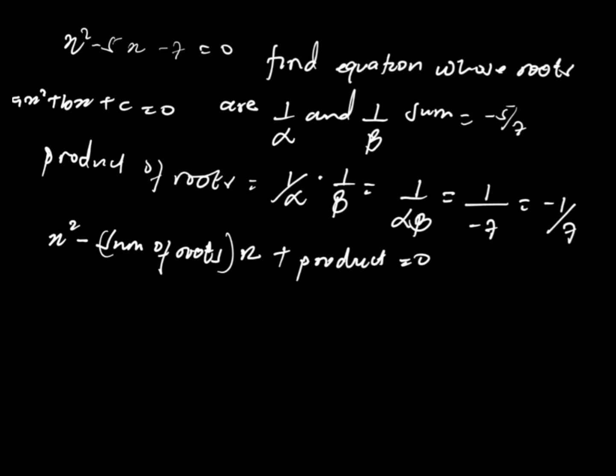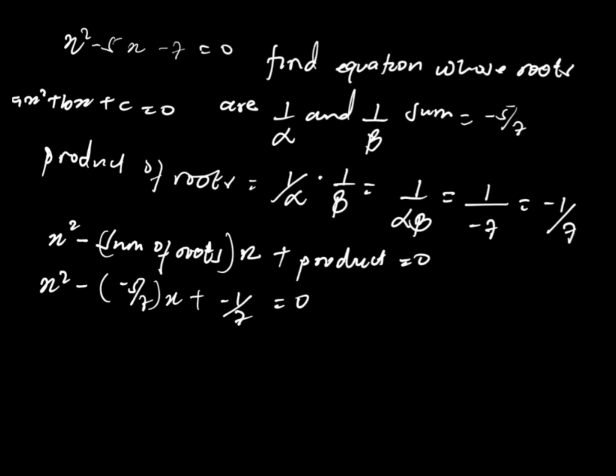And therefore, when I come here, I know that x squared minus, now the sum of the roots that I obtained recently was negative 5 out of 7, x plus the product, which is negative 1 out of 7, equals 0.